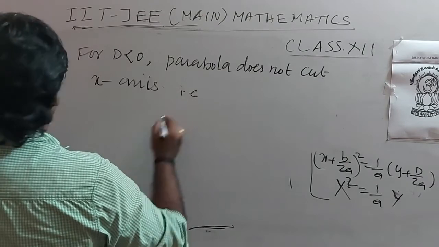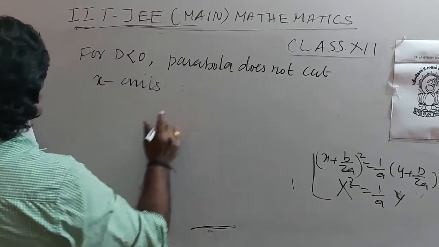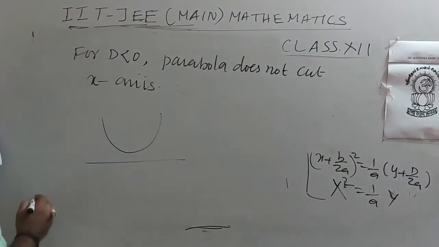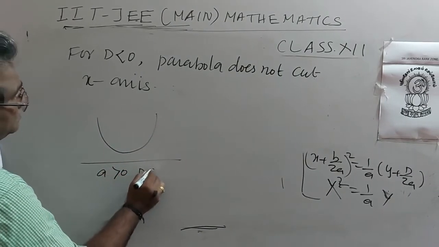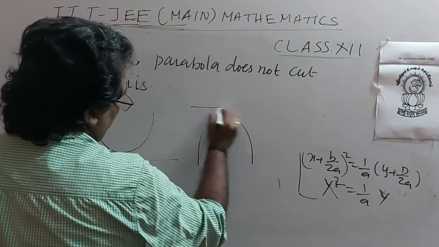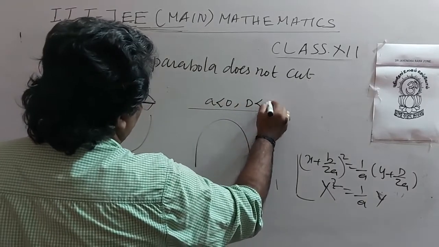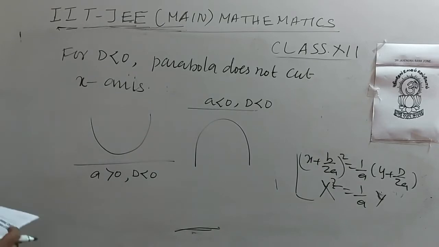That is, a greater than 0, d less than 0. A less than 0, d less than 0. They neither touch nor intersect in this case.